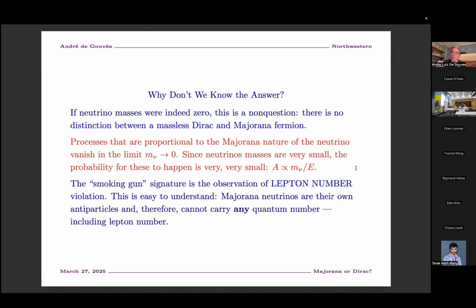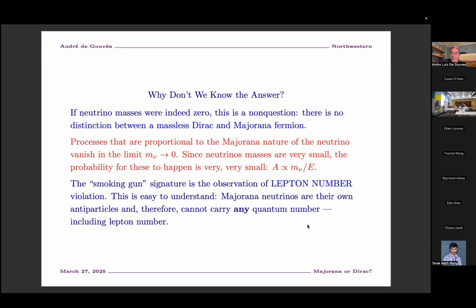That means that whatever physics process you come up with, it will have some amplitude that has to vanish when the neutrino mass goes to 0, which means that the amplitude will be proportional to the neutrino mass in units of whatever energy scale is in your problem. And it turns out that the neutrino mass is very small. And because the neutrino mass is very small, it means that observables that you can construct will have a very, very tiny rate.